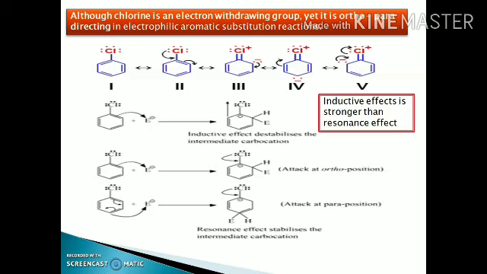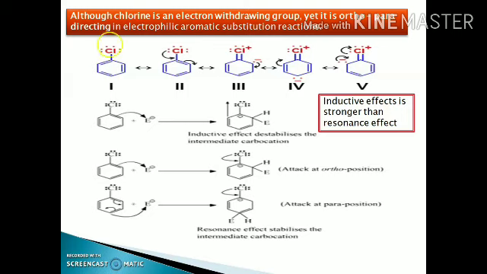As we know, chlorine exerts a negative inductive effect due to its electron withdrawing nature, and it also shows a plus R, or resonance, effect during electrophilic substitution reactions.